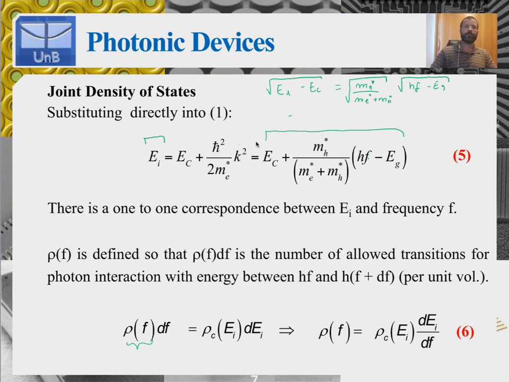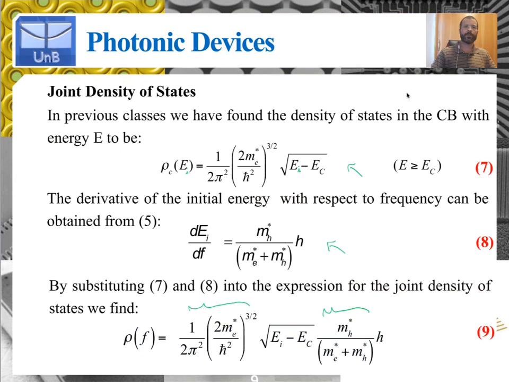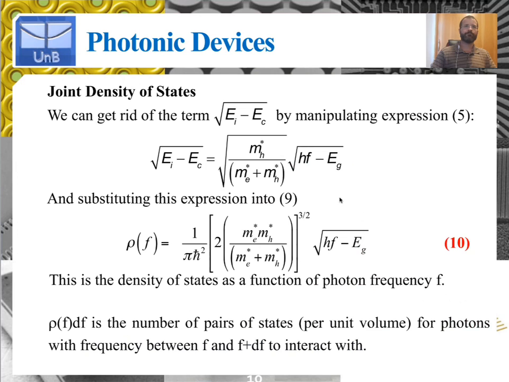Okay, so we can now just take this and plug that in right here, and we get, this is what I just did. Then after some manipulation which you can check later, we finally get the expression for the joint density of states as a function of f.